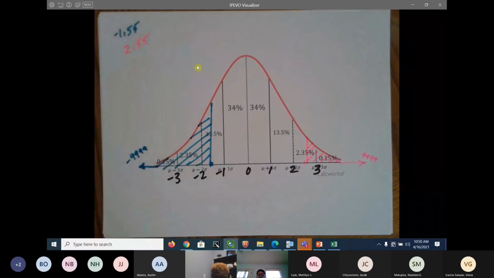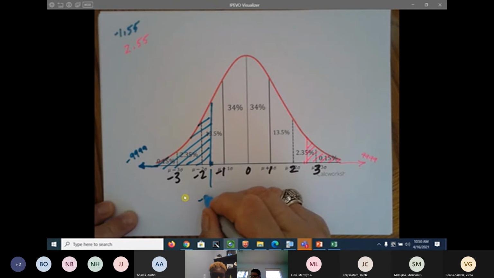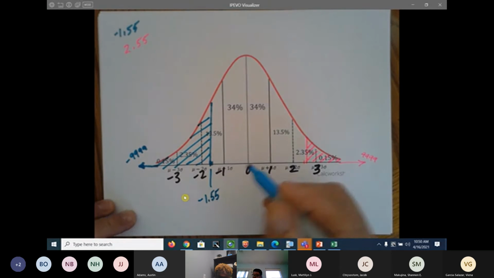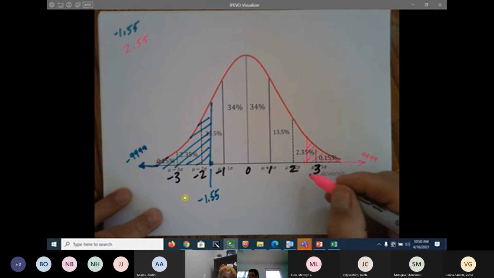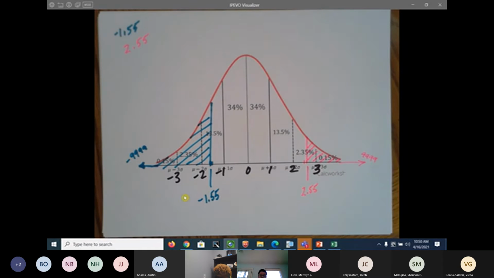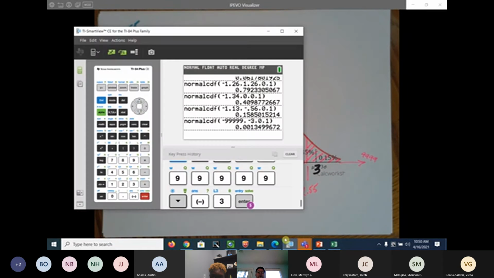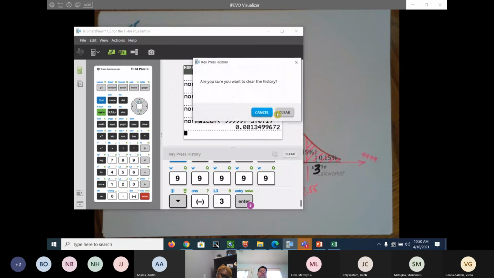All right, so do your thing. Do your calculator. Negative 9999 to negative 1.55, and then 2.55 to 9999. So here we go. Clear, clear.